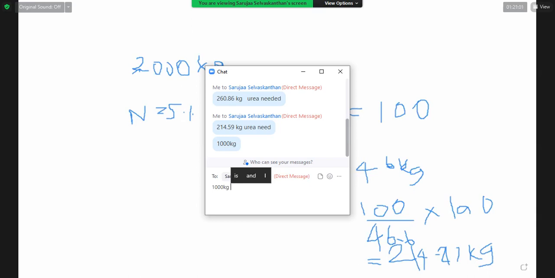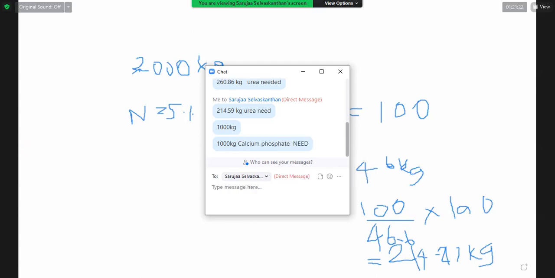Then you want to calculate 5 over 100 in 2000 like that, and 8 over 100 by 2000, and 12 over 100 and 2000. Then you want to write nitrogen nutrition is 100 kilogram, phosphorus is like that, potassium is like that. You want to write question number 1. Then question number 2, find out the quantity of fertilizer. One is nutrition, second one is fertilizer to prepare the mixture.